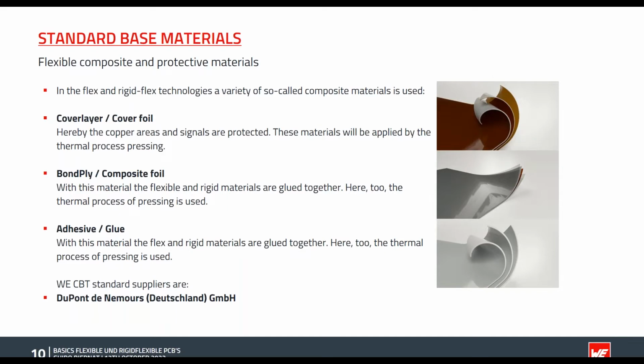Here too, the adhesive layer consists of acrylic or epoxy adhesive. The next one is the adhesive or the glue, consisting only of an epoxy or acrylic adhesive layer. The standard thickness here is 25, 50, 75, and 100 microns. The standard suppliers of these materials are DuPont, Germany.